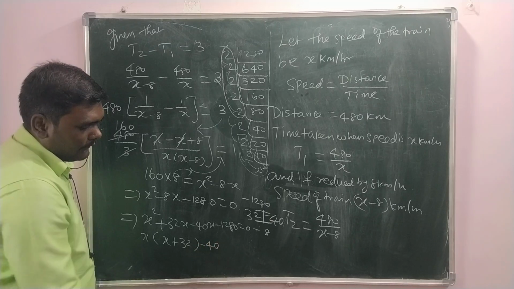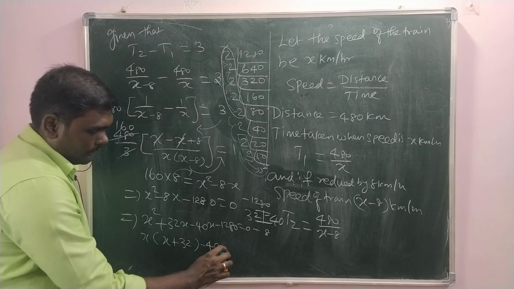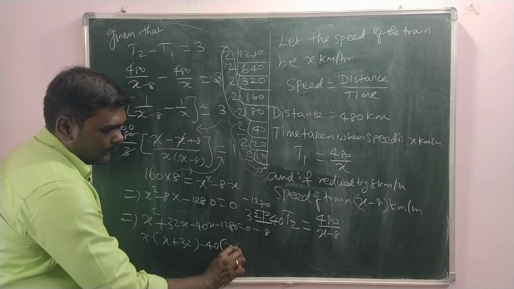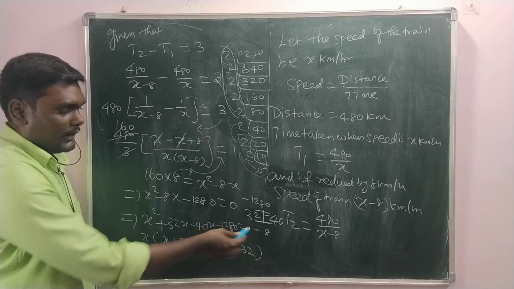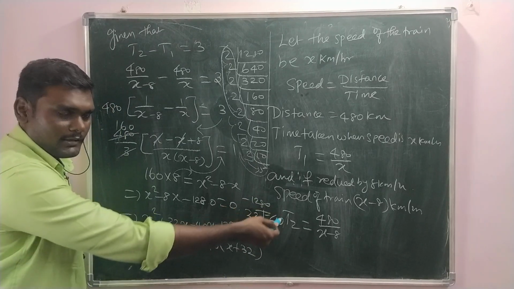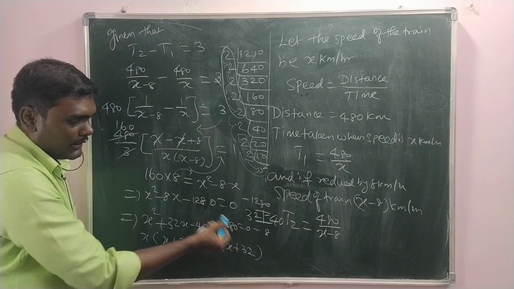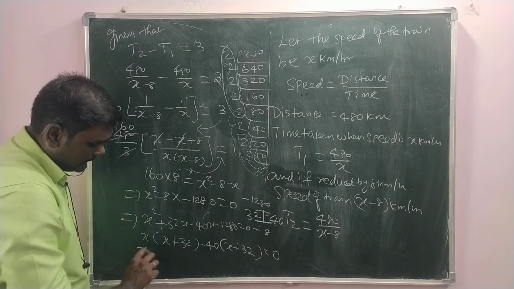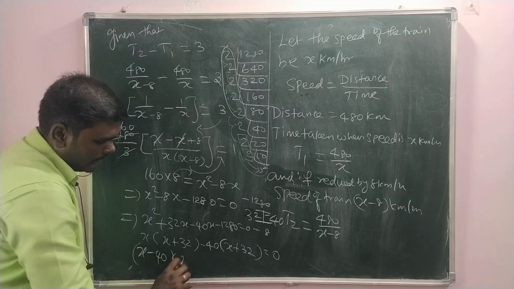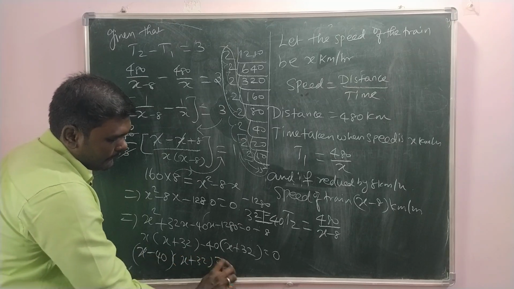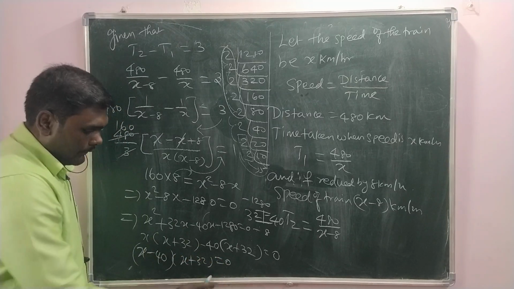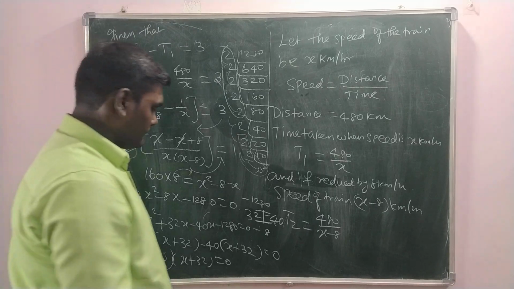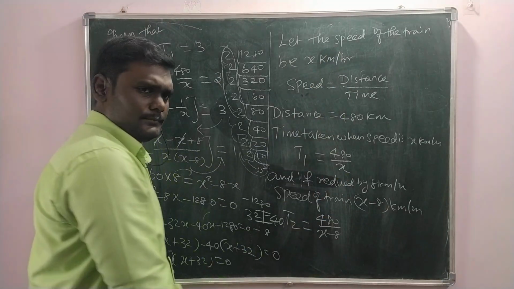From this you take minus 40 as common, then here also x plus 32, because 40 into 32 is 1280. So we get x minus 40 into x plus 32 equals 0. Likewise, then the speed of the train. I shall erase this side.